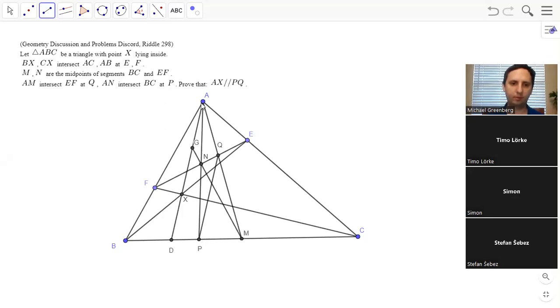So we have AF, AX, AN, AE. Yeah, I don't know if this is just about doing the right kind of projection or something.